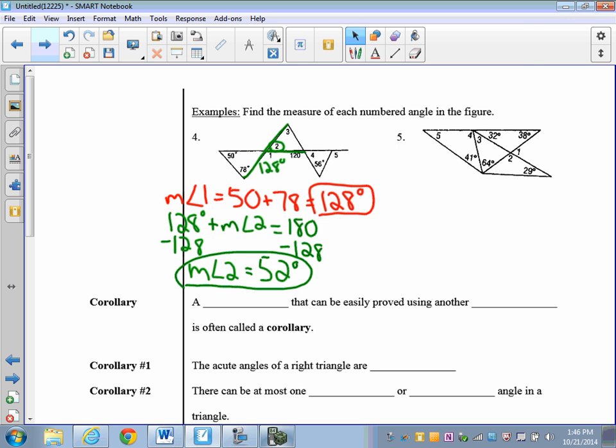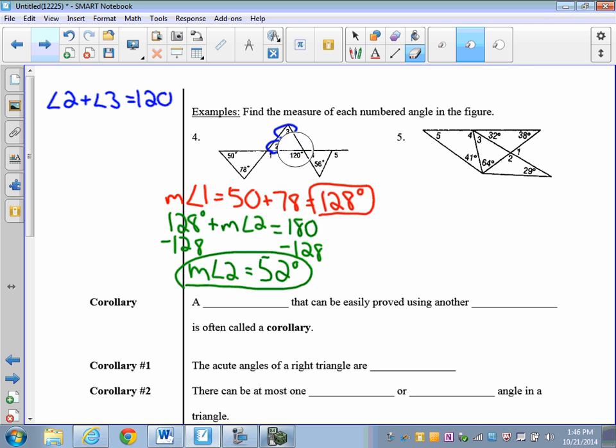So I'm running out of space with this problem. It's a lot easier on your paper because you can write smaller than I can. We'd have to find angle 3 next. So I just figured out that angle 2 is 52 degrees. So I can use my remote interior angle theorem again. I'm going to have angle 2 plus angle 3 is equal to 120.